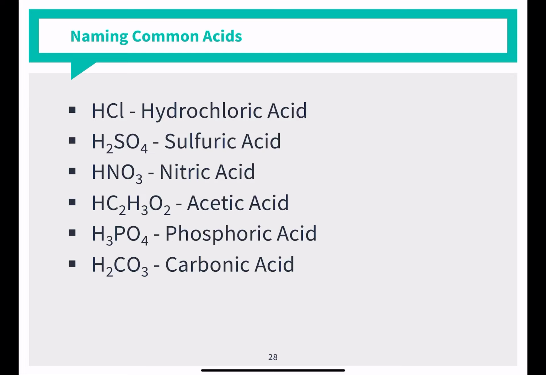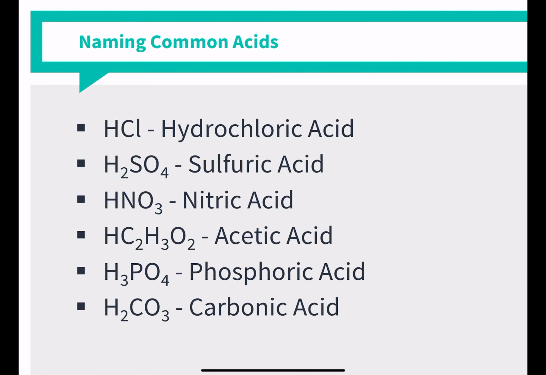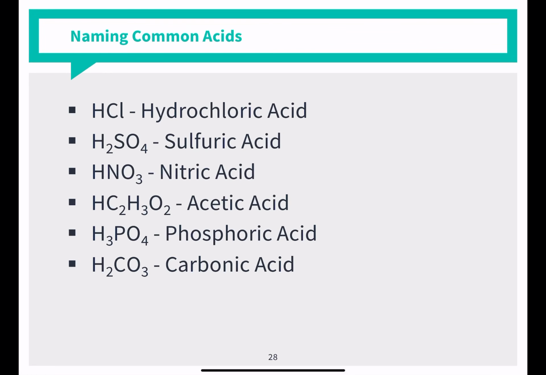And what you will probably notice about these acids is that these all end in ic. Sorry, my screen's moving all over. These all end in ic, okay? But also, many of them have those polyatomic ions in them. So we see carbonate, phosphate, acetate, nitrate, sulfate, okay?